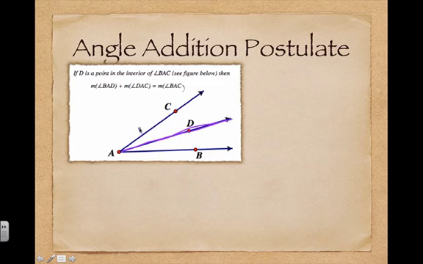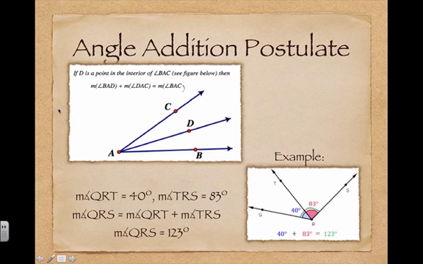Then we can add the two angles together to get the measure of the larger angle. So if we were to add angle BAD, which is this angle right here, and angle DAC, which is this angle right here, together we would have the measure of this big angle here, which is angle BAC.